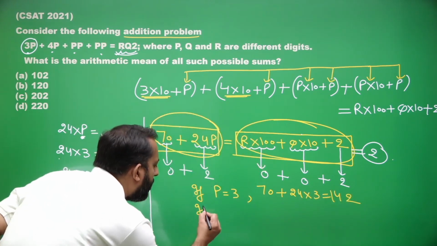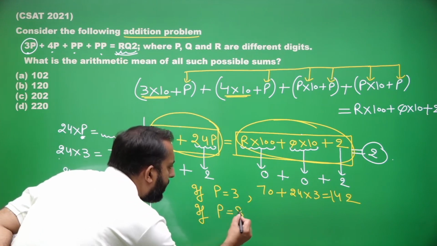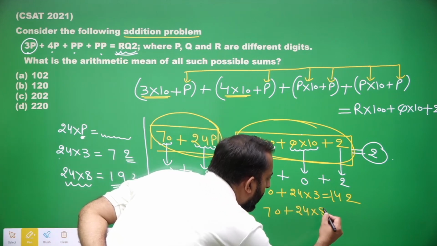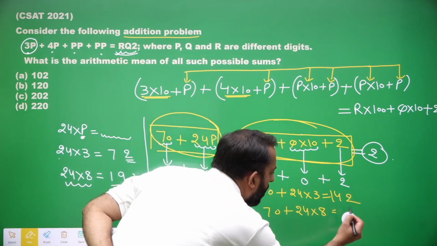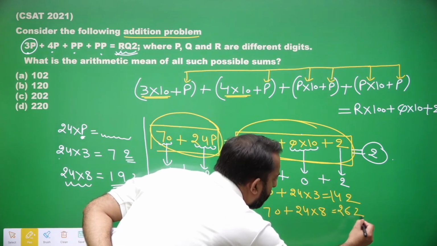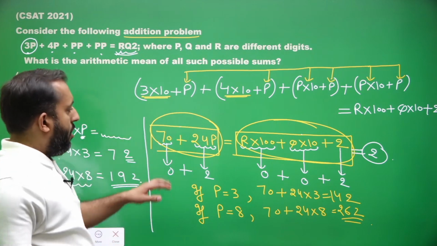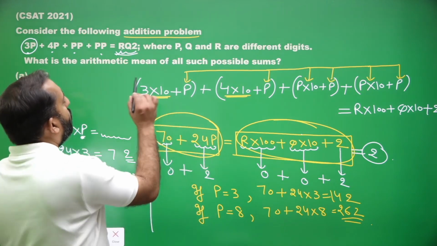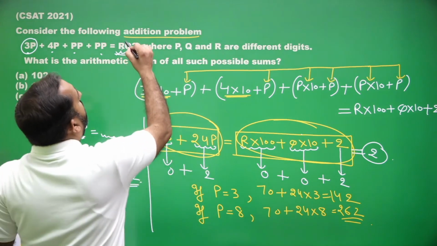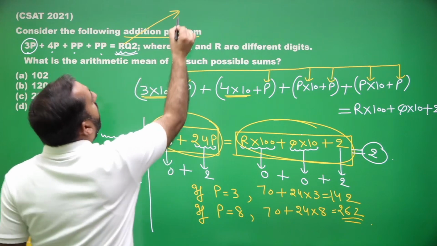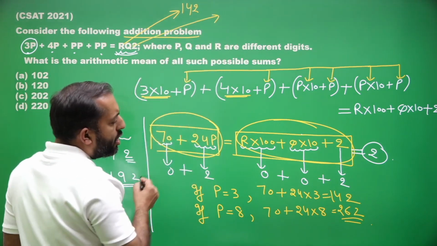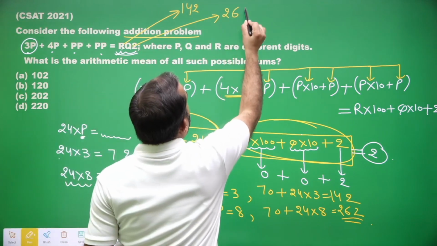And if you replace p with 8, then the result is going to be 70 plus 24 into 8, which is 262. So these are the two values that p can take here, which means one possible value of rq2 is 142 and another possible value of rq2 is 262.